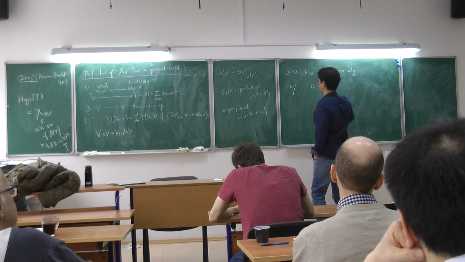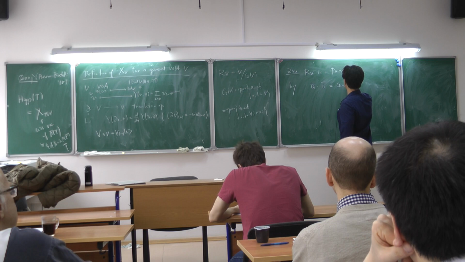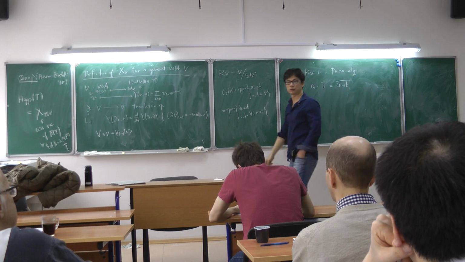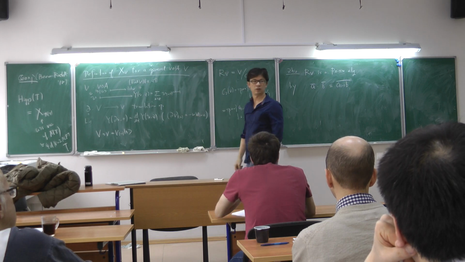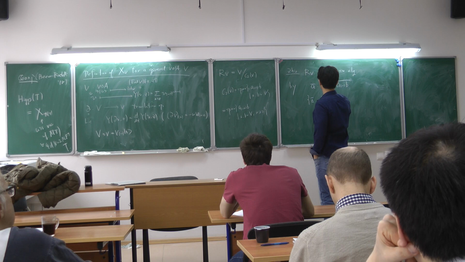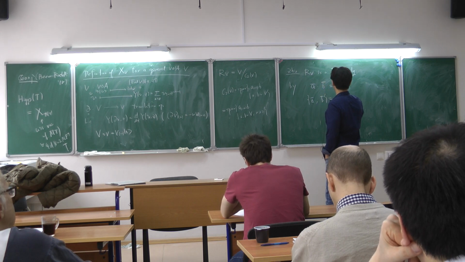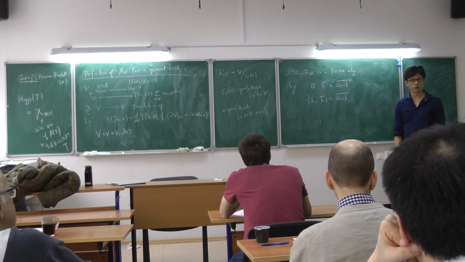Where the multiplication is given by the minus 1 product, and the Poisson bracket is the zeroth product.